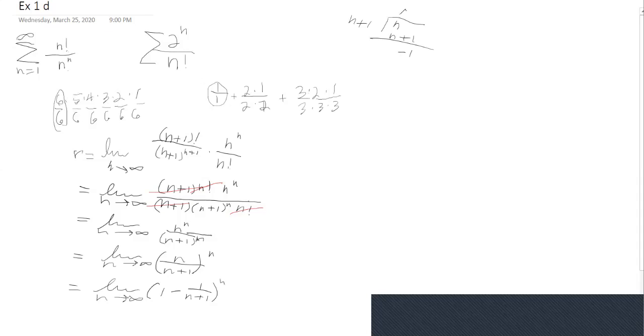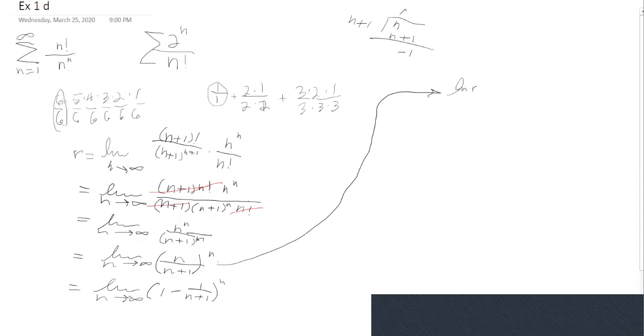Okay, so that really doesn't help us much because we still have the same thing. We have the inside heading to 1 and this exponent heading to infinity. So that doesn't help.